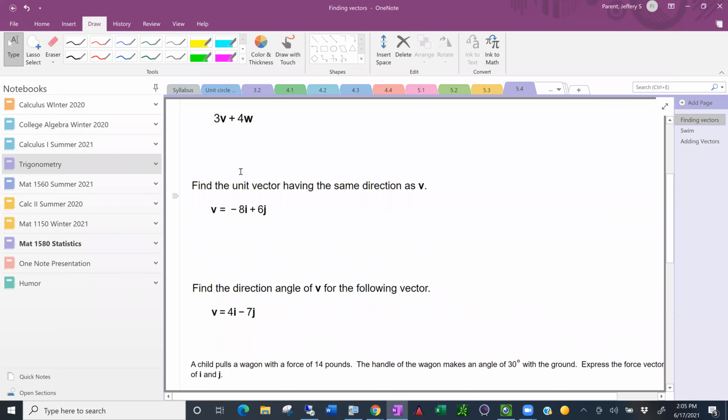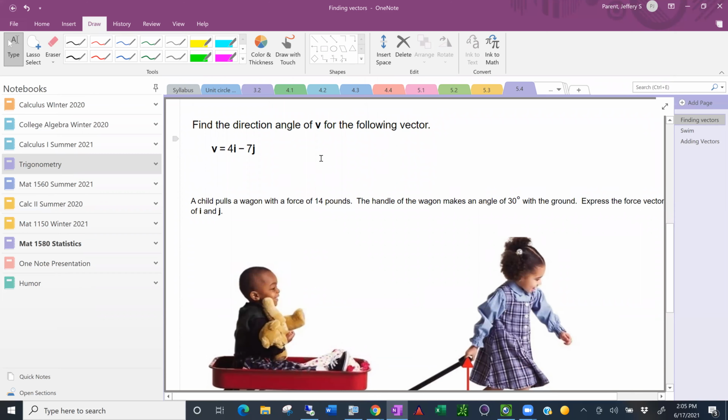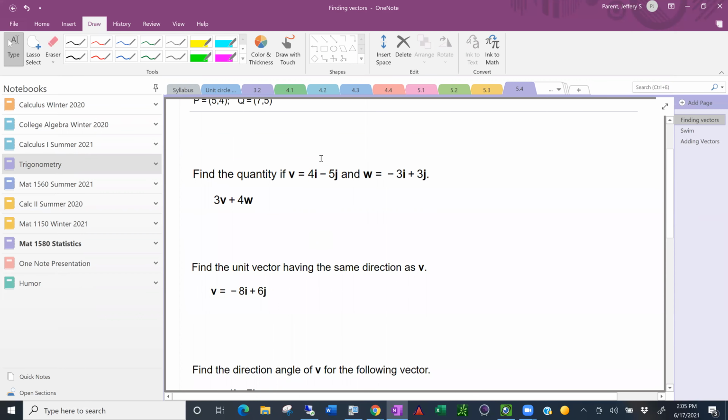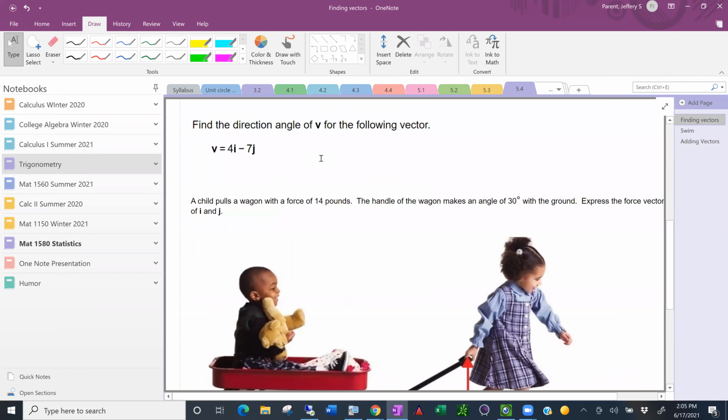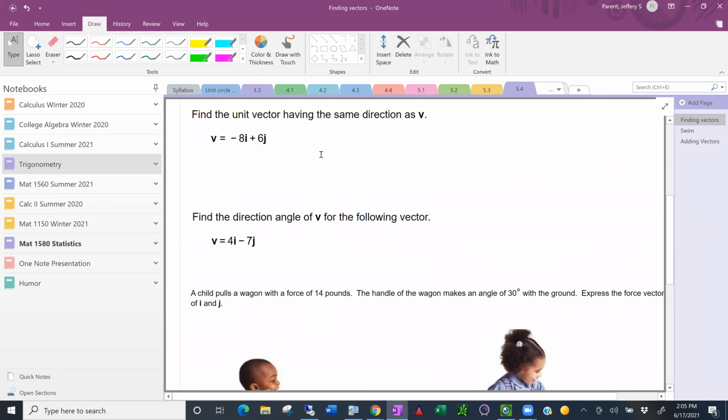So we kind of did an example like this. Let's see, we did that one. Let's add a little bit more to this example.